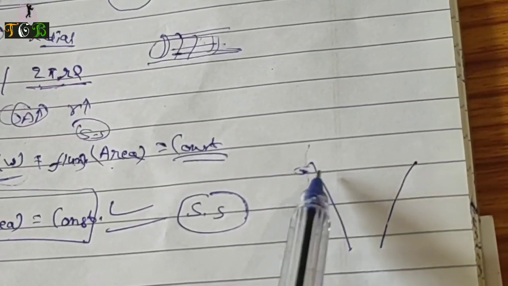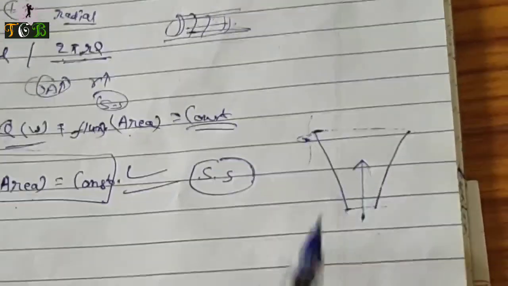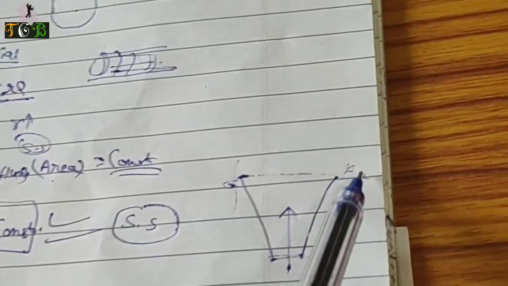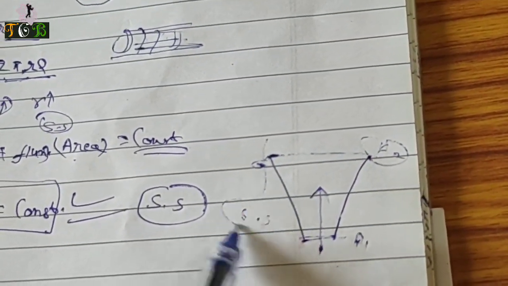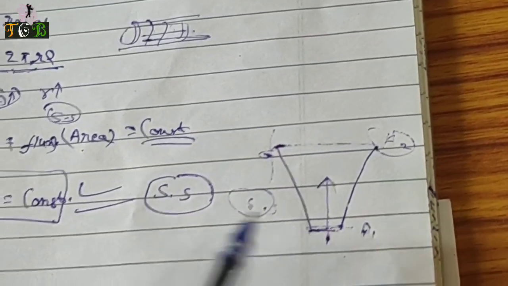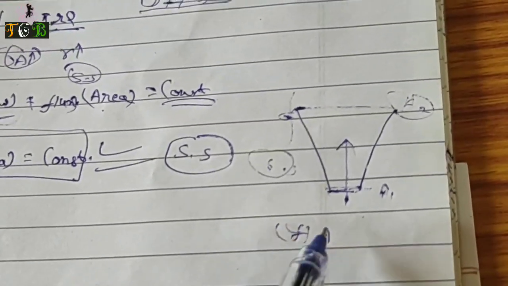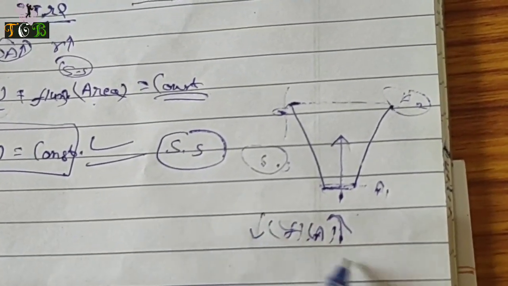So suppose a shape like this, and heat is being transferred from this direction. If the area is a1 and a2 over here, then at steady state the flux will be high at this end, because the flux into area is constant. So if the area increases, the flux should decrease, like that.